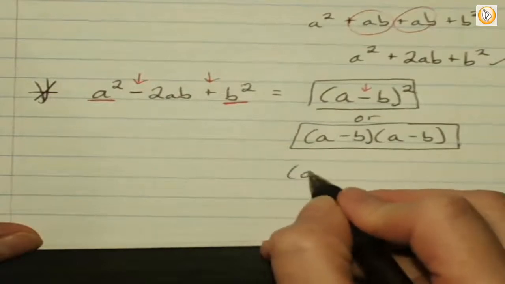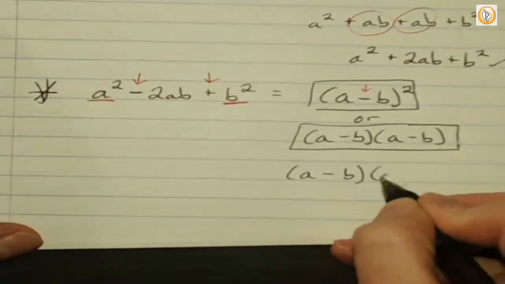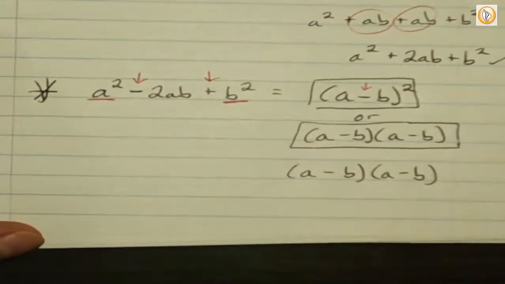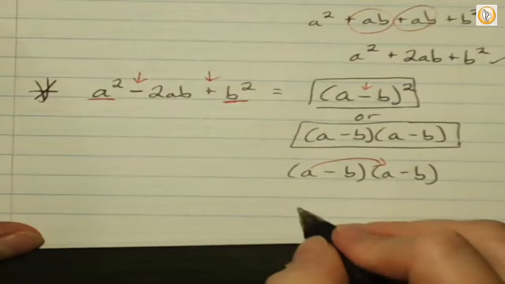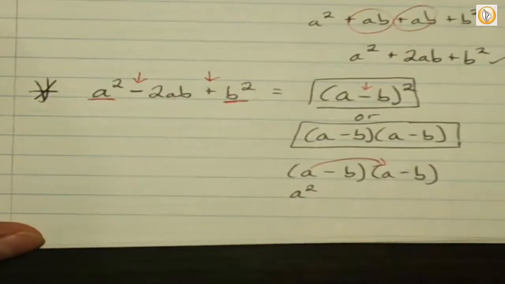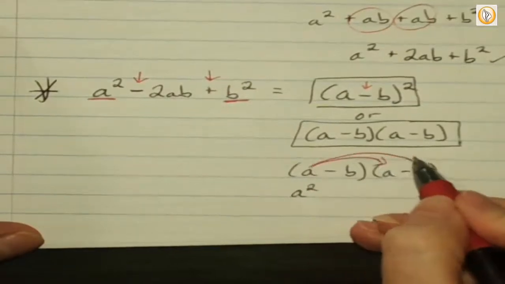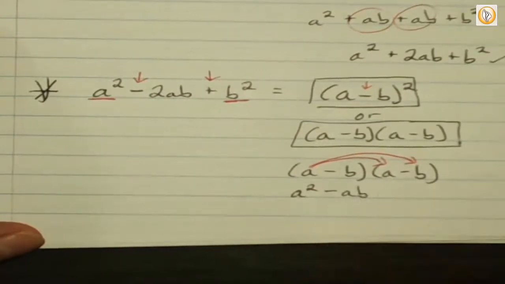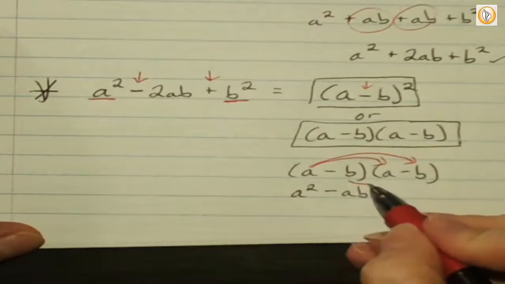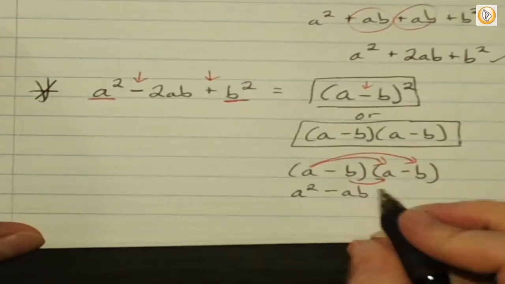All right, let's work it out so you can see it. A times A is A squared. A times negative B is negative AB. Negative B times A is negative AB.